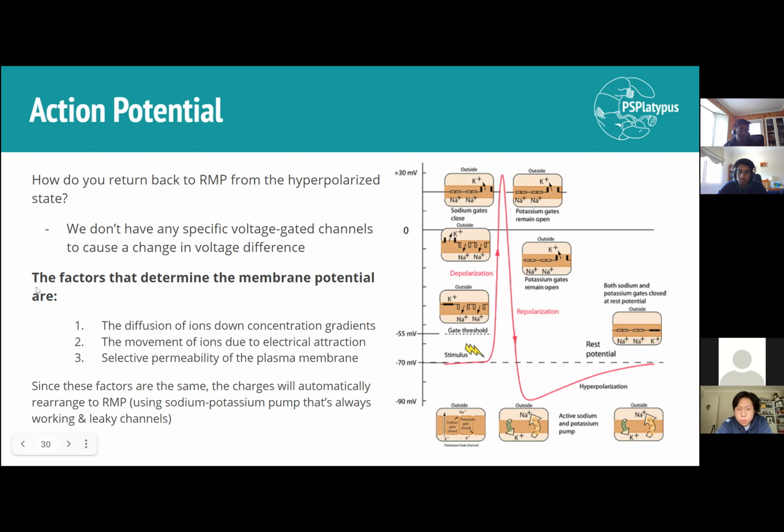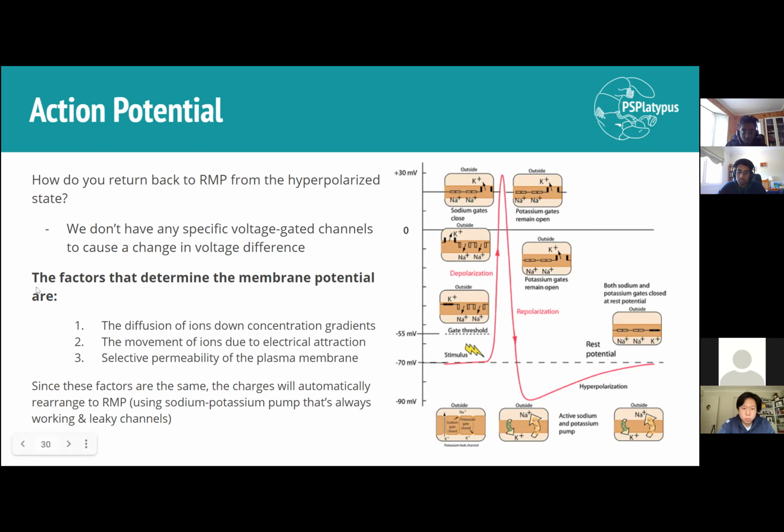If we think back to the factors that determine membrane potential, it's going to be diffusion of ions, due to concentration and electrical attraction. And the concentration is determined by selective permeability. So for a particular permeability of the plasma membrane, if all the concentrations are somewhat the same, you're going to get the same membrane potential.